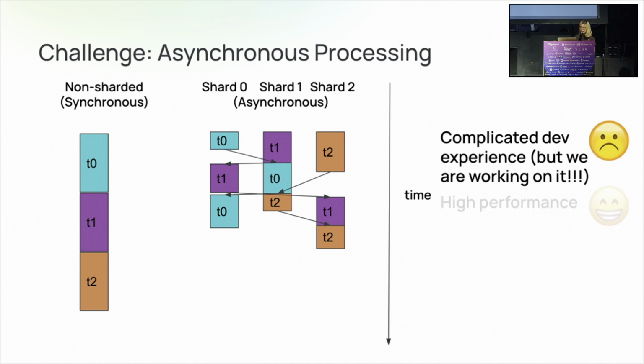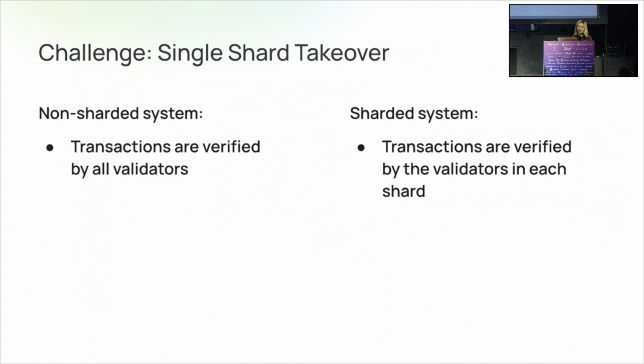But this asynchronous nature is what happens behind the scene, right? And if a developer wants to truly realize the high performance brought by a sharded blockchain, this asynchronous processing is, at least for now, unavoidable. And that is the first challenge.